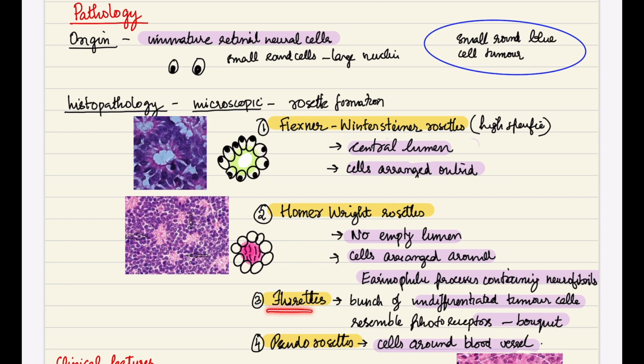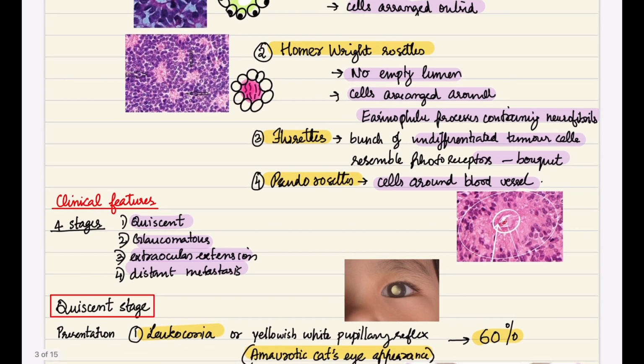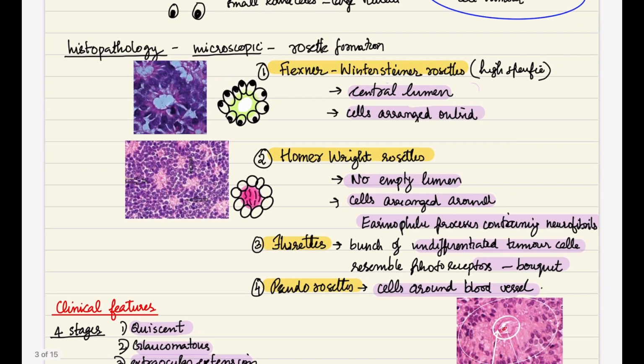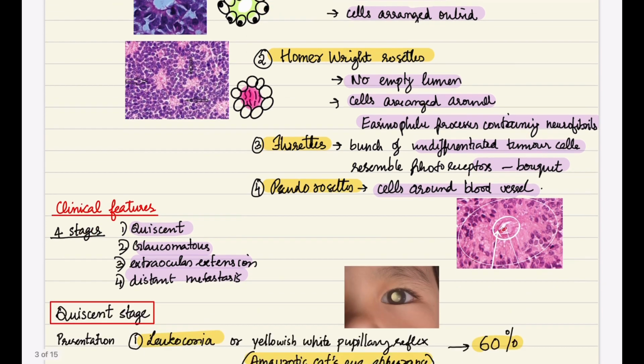Then come fleurettes. It is a bunch of undifferentiated tumor cells which resemble photoreceptors and form like a bouquet. Then we have pseudo-rosettes. Here cells are arranged around the blood vessel. These are the microscopic findings which are very important.